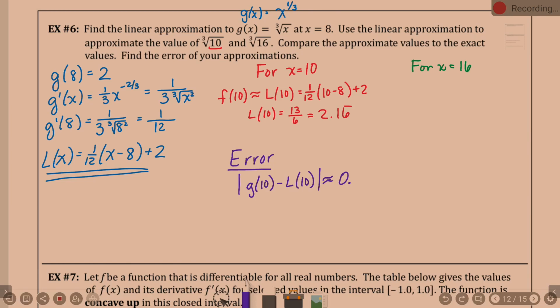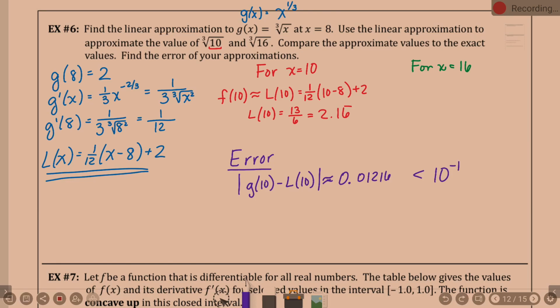Alpha F2, yeah. 13/6. So it's going to be 0.012. The absolute value of error is less than 10 to the negative first. Okay.